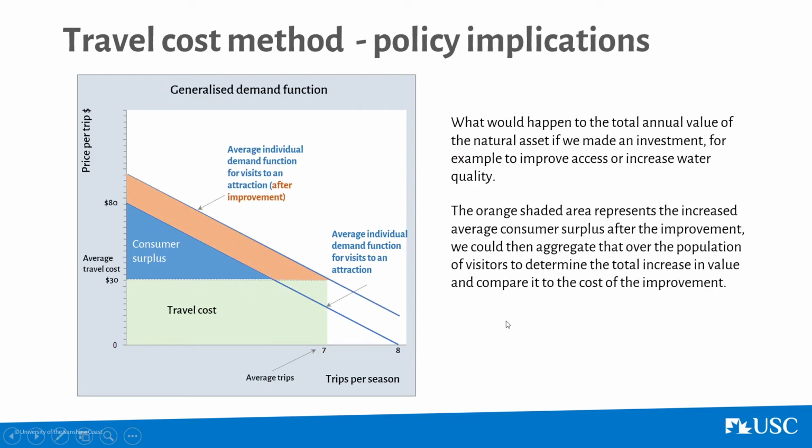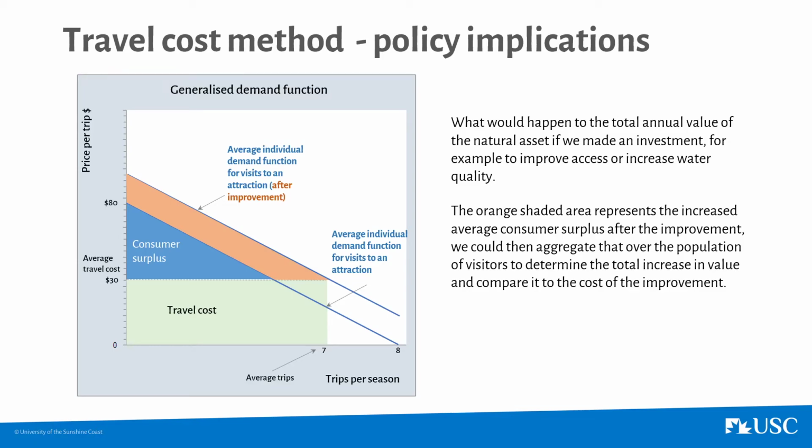It can also be used, and this is quite important, to think about what would happen if we changed some quality feature of that beach experience. So for example, if we did something upstream to improve the water quality of the fresh water that empties out into the ocean nearby, so that for people swimming and surfing there, the beach water was that much cleaner.